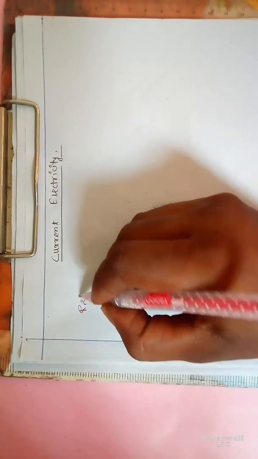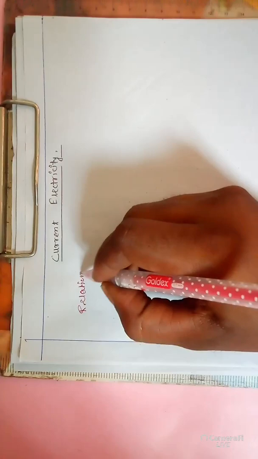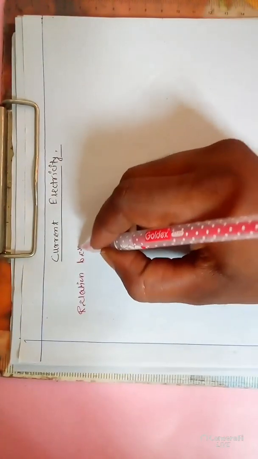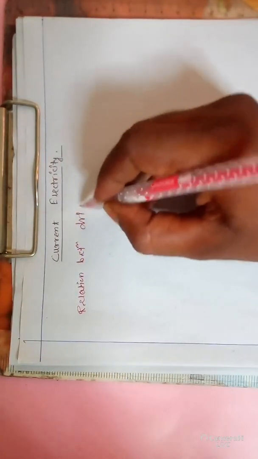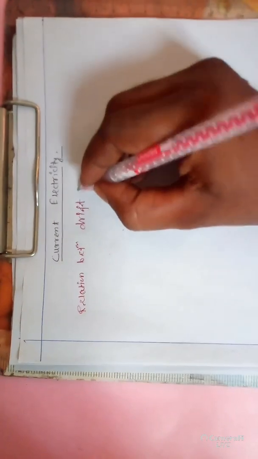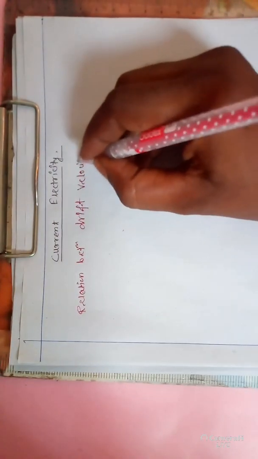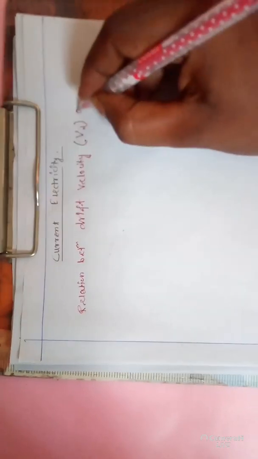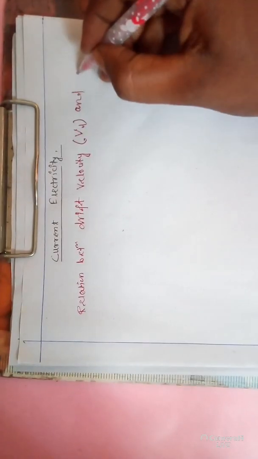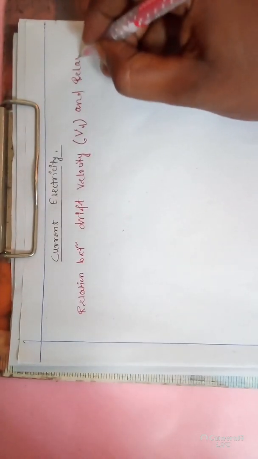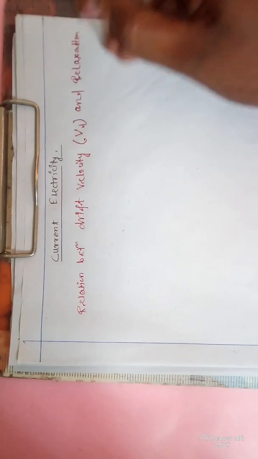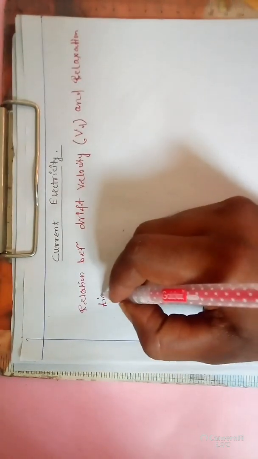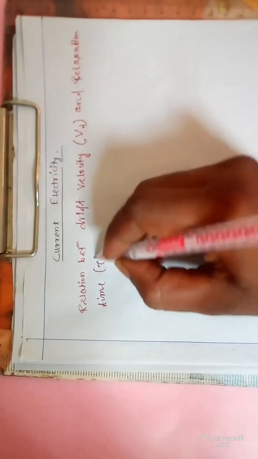Relation between drift velocity, that is the Vd, and relaxation time. Relaxation time is known as tau.